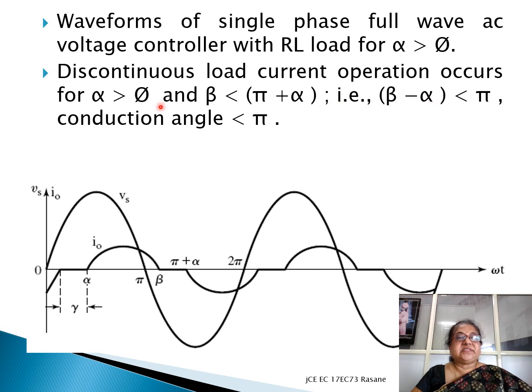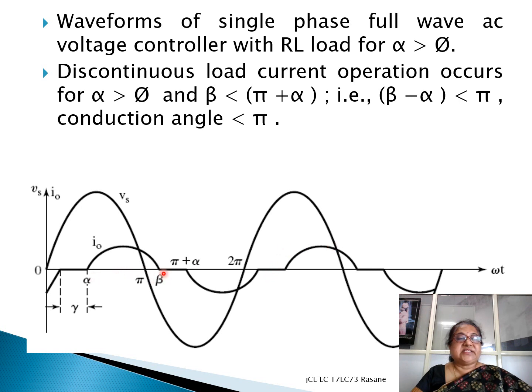So what happens is, if the inductance is not very high, the load current will be conducting till this angle beta, where beta is earlier than the triggering of T2, right? If beta were equal to pi plus alpha, the current would come till here and there would be a continuous current.